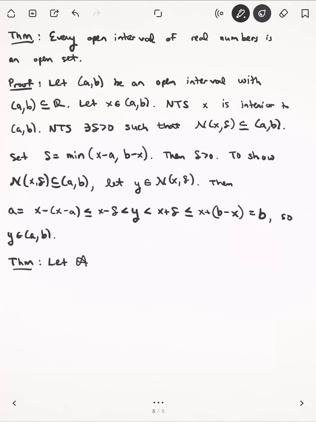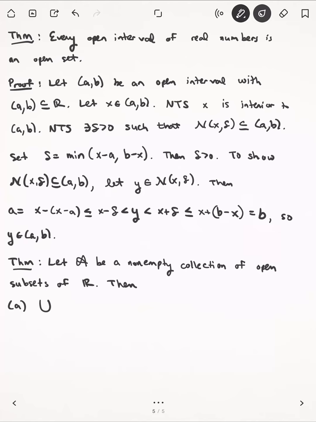Let script A be a non-empty collection of open subsets of the real numbers. Then we have the following two results that hold.